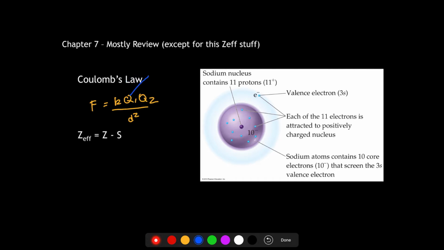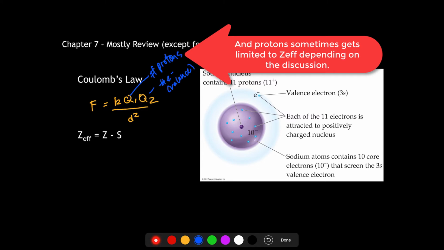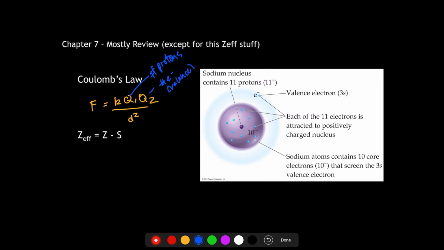Going back to defining our pieces, in terms of atomic properties, we can always think of Q1 as being your number of protons, and we can always think of Q2 as being our number of electrons. More often, we're going to narrow this down to our valence electrons, because most of what we're talking about, when we talk about atomic radius, ionization energy, electron affinity, is what happens at the valence.